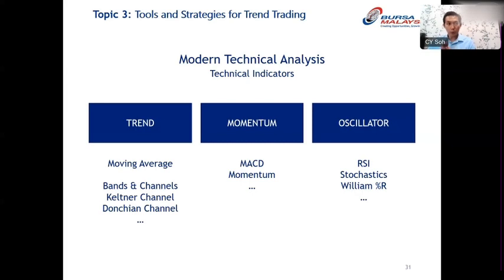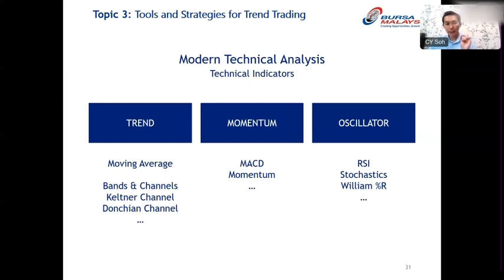But when it comes to trend trading, remember the three steps that I've already shared with you. The first step is always identify trend. So all we want to do is focus on trend indicators first. Trend indicators will do, all right? Because they tell you the direction of the trend. And why we want to focus on trend indicators is because they immediately show you the direction of the trend.